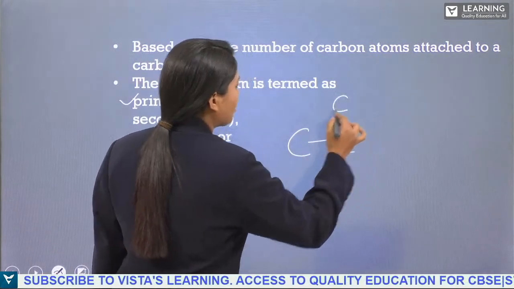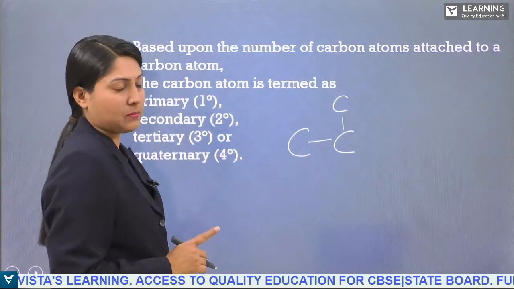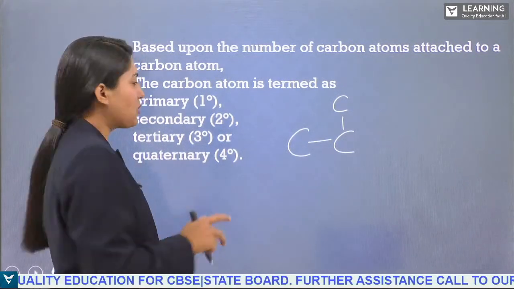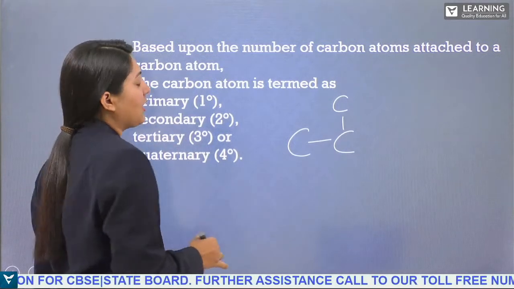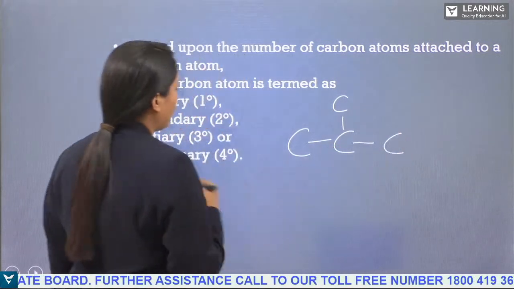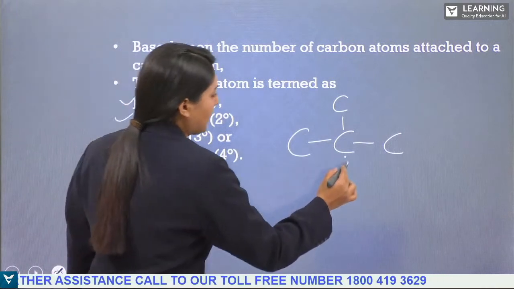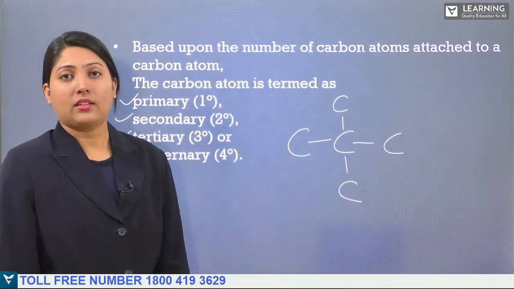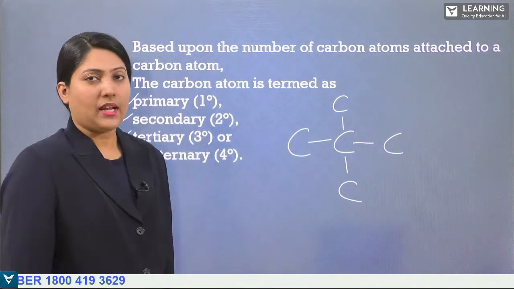If it is linked to two carbon atoms, then it is termed secondary, and if it is linked to 3, we call it a tertiary carbon atom, and if it is linked to 4, we call it a quaternary carbon atom.